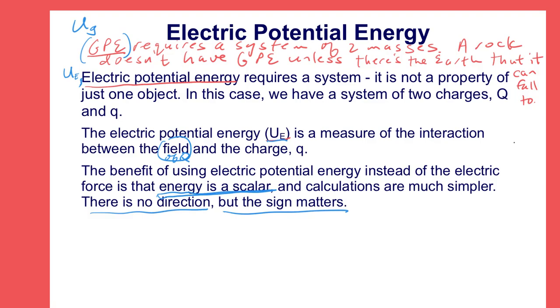Okay, so electric potential energy. I would love to call it EPE, but I've already used the acronym EPE for elastic potential energy. So maybe I should have called that spring potential energy, but I didn't.